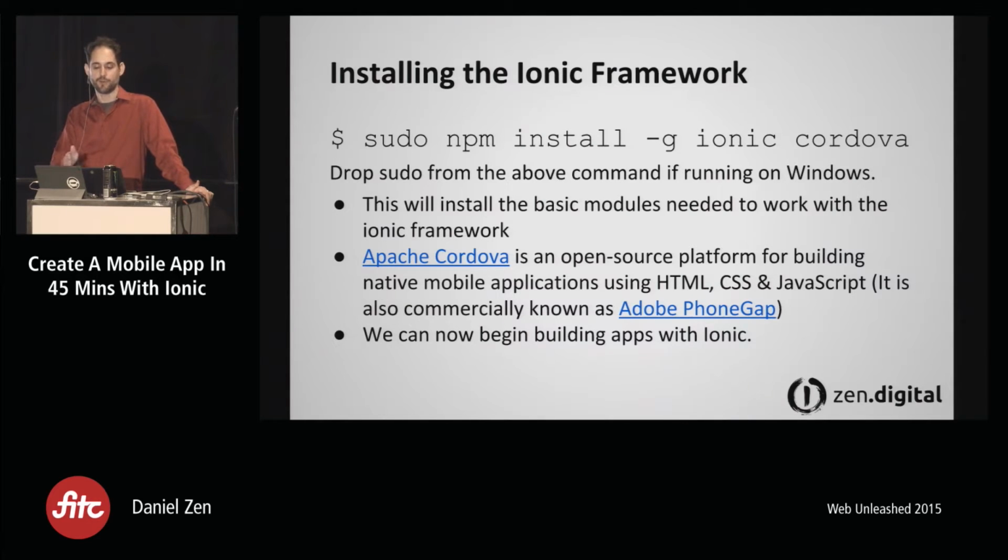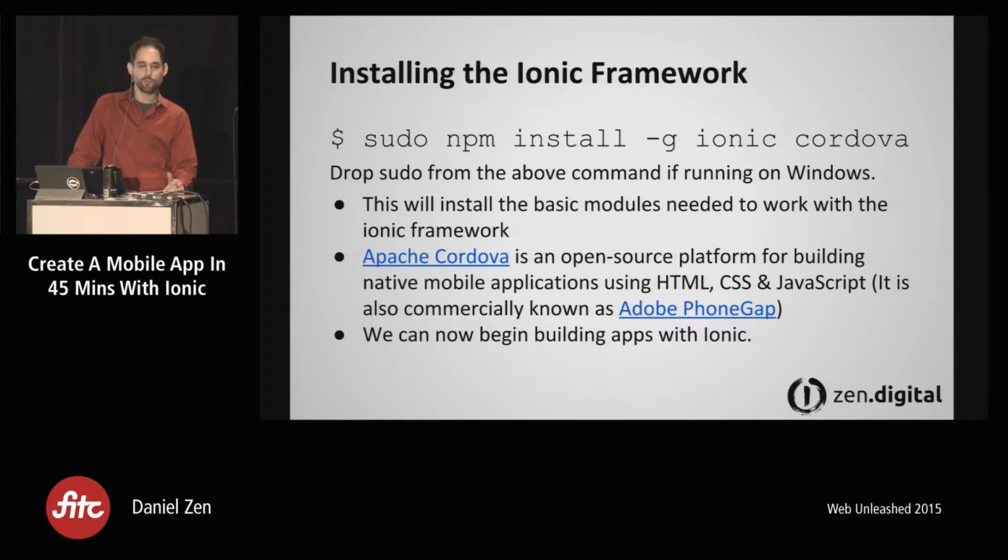And if you're running on Windows, you don't need sudo. In fact, if you're using Homebrew to install on OS X, you don't really need sudo. But this is usually what you see when you go and look at how to install this stuff. And this will install the basic modules needed to work with the Ionic Framework.